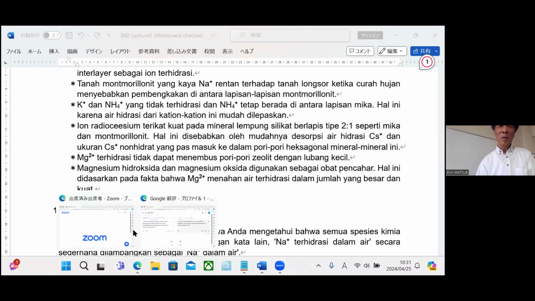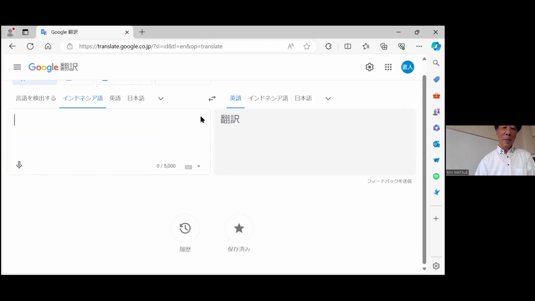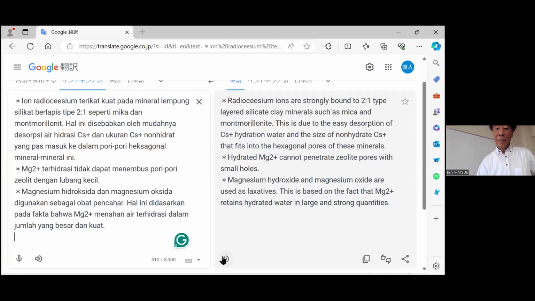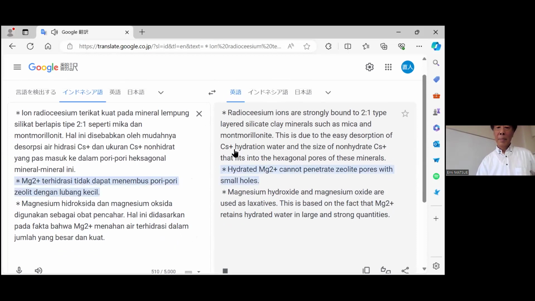Okay, so I go to the next. Radiocesium ions are strongly bound to 2-to-1 type layered silicate clay minerals such as mica and montmorillonite. This is due to the easy desorption of Cs+ hydration water and the size of non-hydrated Cs+ that fits into the hexagonal pores of these minerals.